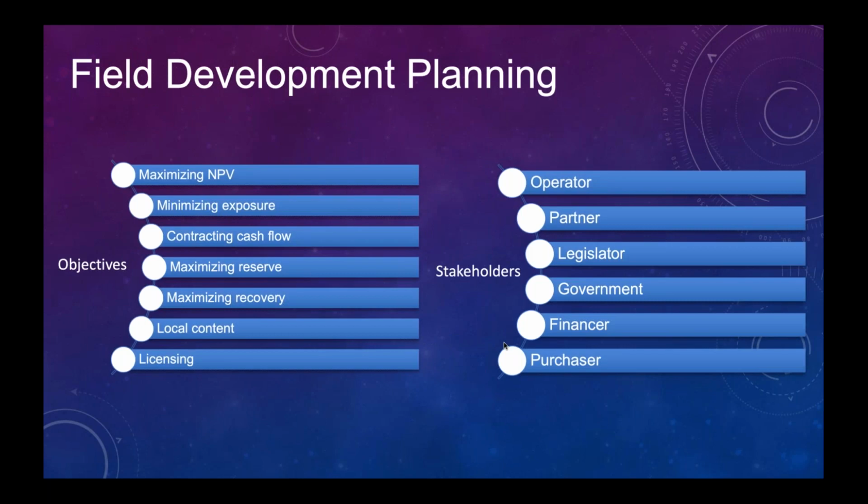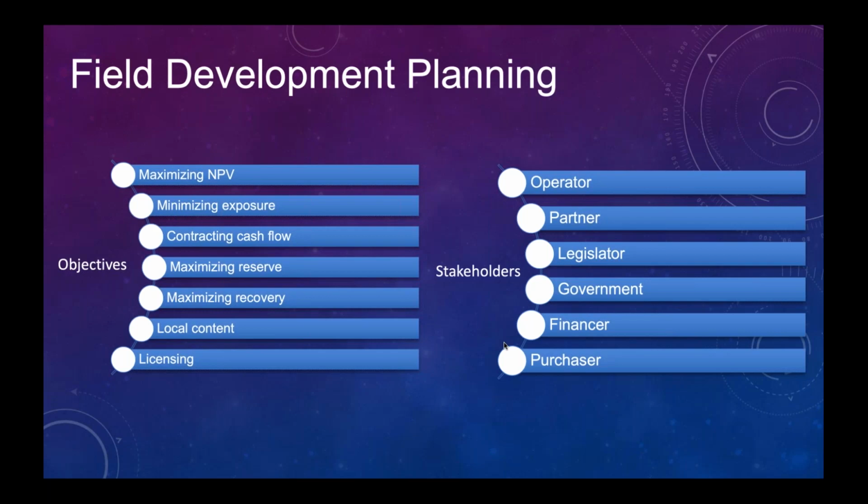Because at the end of the day, there are two different pieces of information we need to keep in mind. Number one is the stakeholders, which are shown on the right side, and there are the objectives. We know that the overall objective of maturing any subsurface opportunity is to maximize recovery, because it's mother nature. Allah gave us this opportunity. We are trying to produce and generate value, which is of course positive cash flow, as a profit.